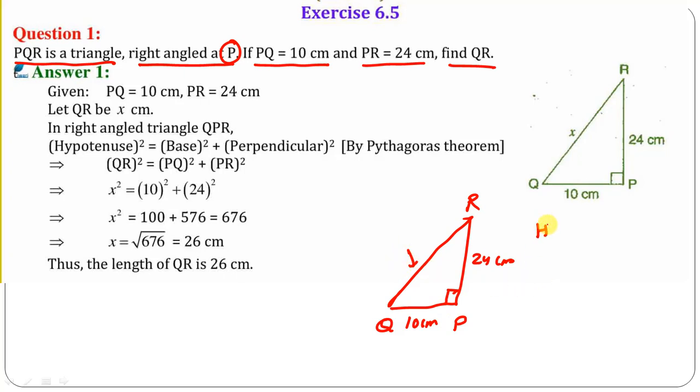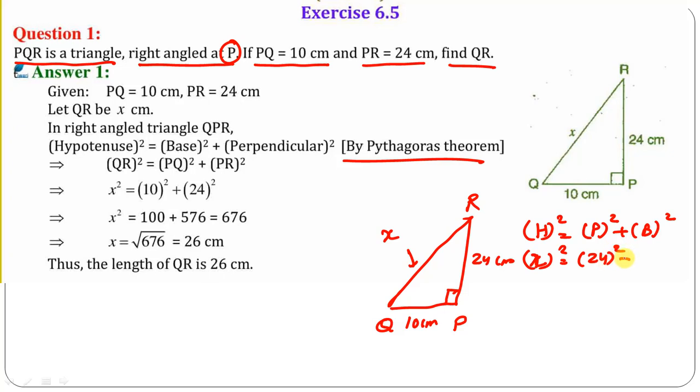So we know that by Pythagoras theorem, hypotenuse square is equal to perpendicular square plus base square. We don't know the value of the hypotenuse. Suppose the value of hypotenuse is x. So x square is equal to 24 square plus 10 square.